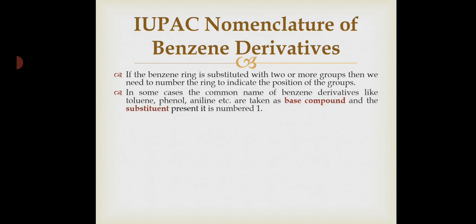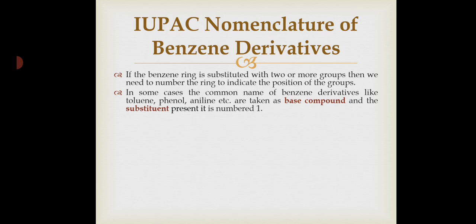In some cases, the common names of the benzene derivatives we have just discussed, like toluene, phenol, aniline, benzoic acid, anisole, etc., are taken as the base compound, and the substituent present in it is numbered 1.